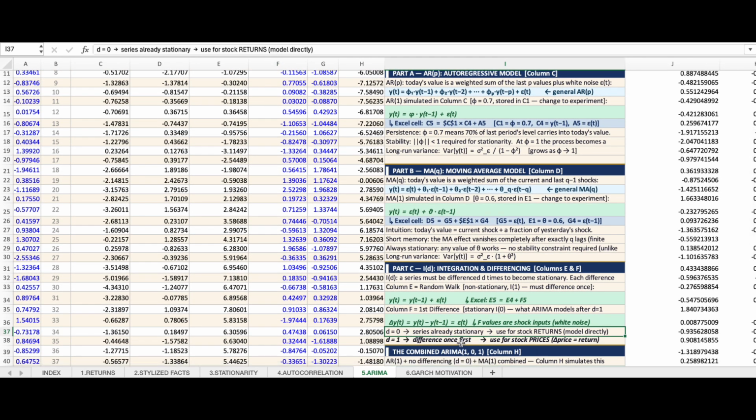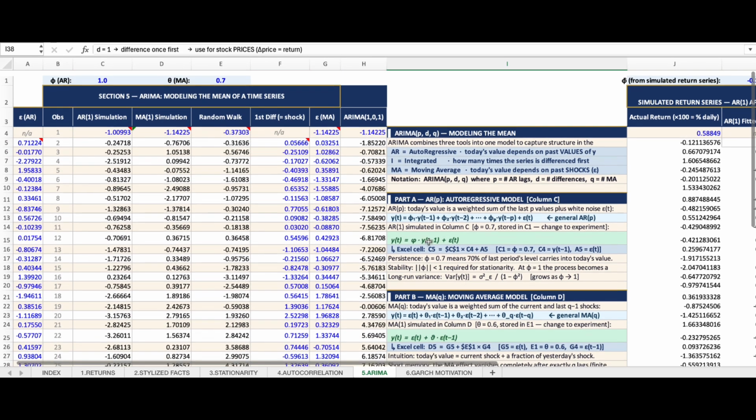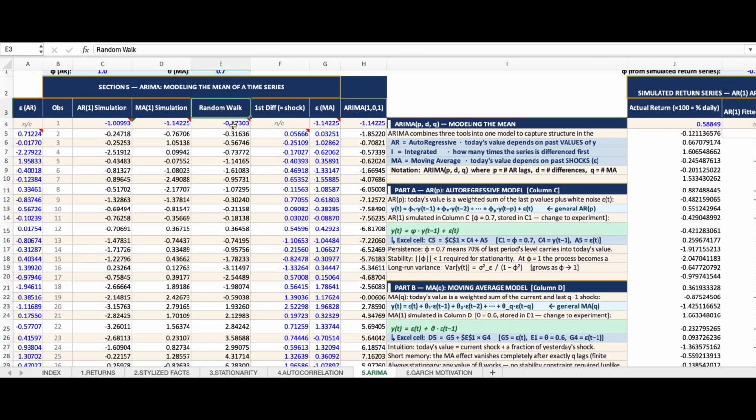D equals 1 means we need to difference it once. This is what we do with prices. We take the first difference, which gives us returns, and then model that stationary series. Because if you remember, prices are not stationary and returns are stationary. Column E in this tab shows a random walk, which is non-stationary.